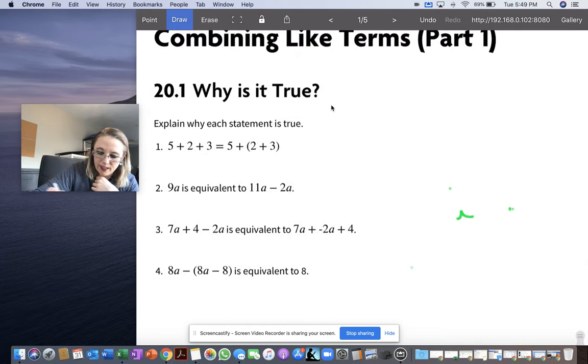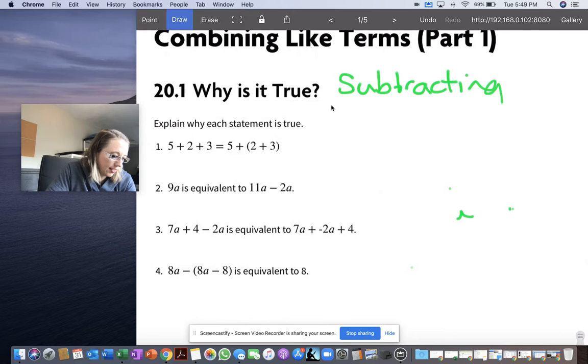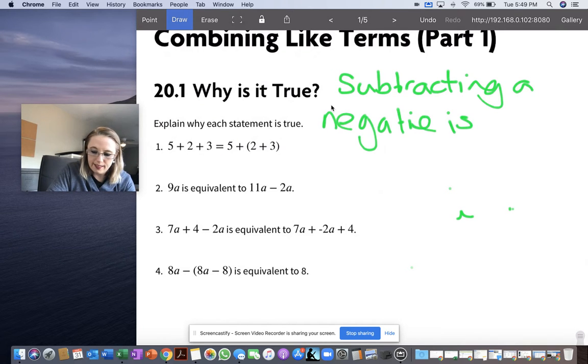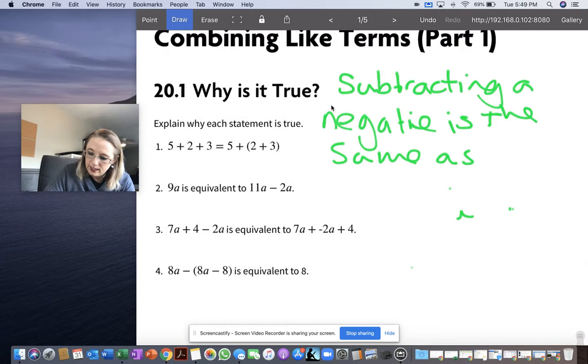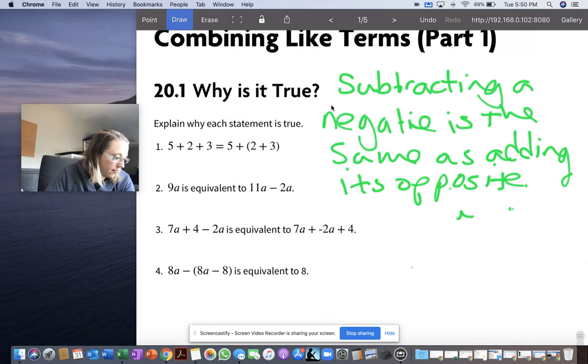Okay. Last one. So if you solve all of this out, you're going to see that you get back to 8, okay? So subtracting a negative is the same as adding its opposite. We know that.